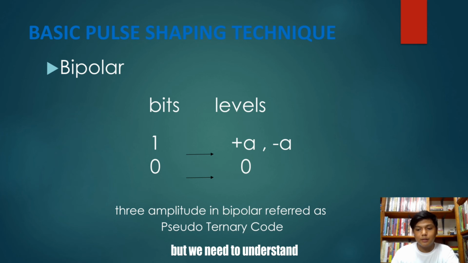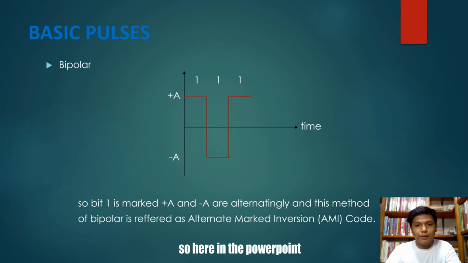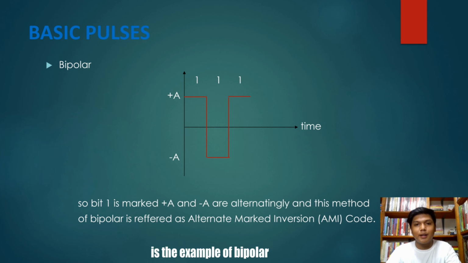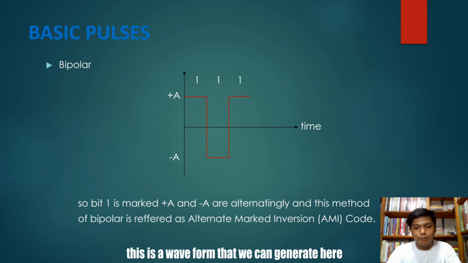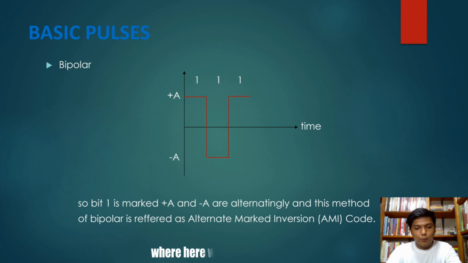But we need to understand that the positive A and negative A we assign are alternating. Here in the PowerPoint is an example of bipolar. If we send 1, 1 and 1, this is the waveform that we can generate. Here we have time, and here is the amplitude.